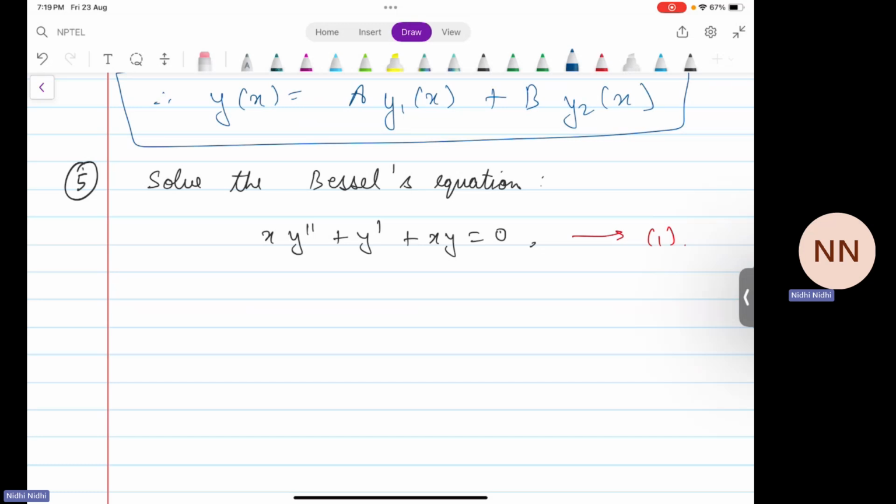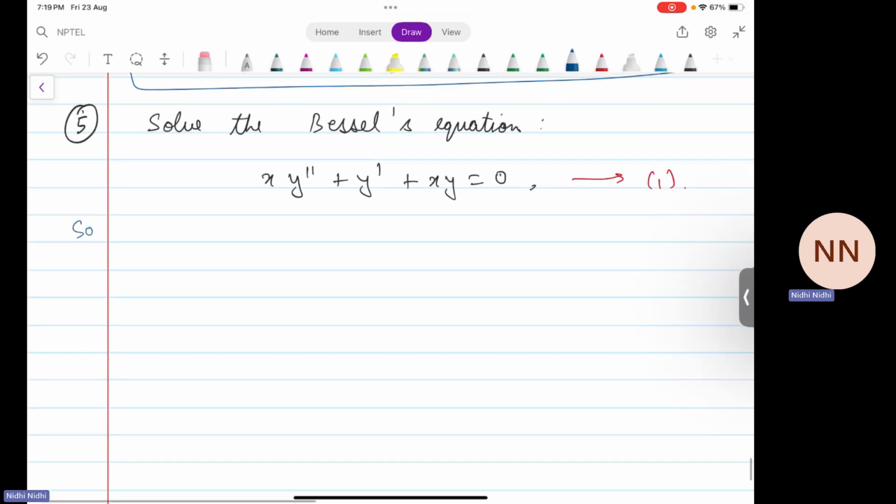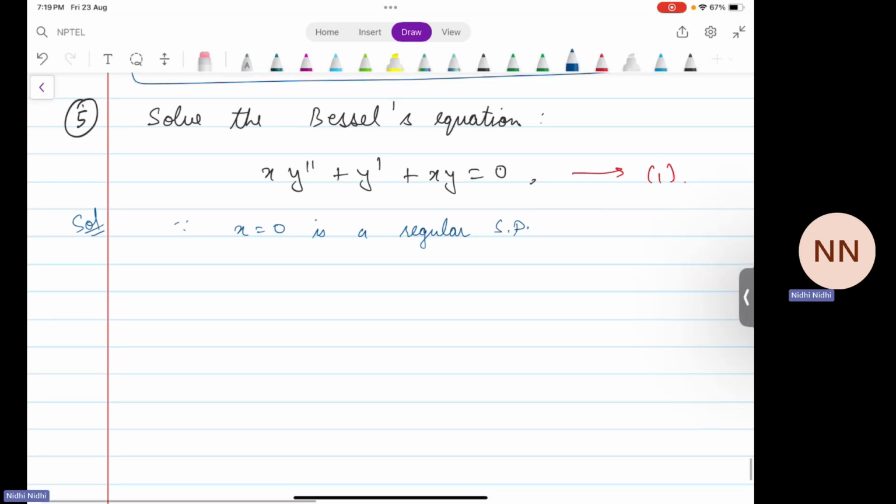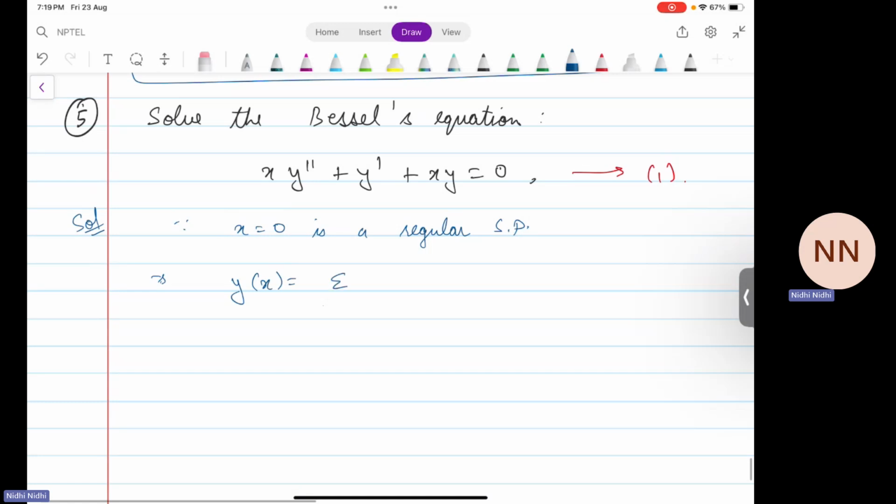Clearly, x equals to 0 is a regular singular point. This implies we have a solution of the form y(x) is equal to summation n from 0 to infinity Cn x to the power n plus r, where C naught is non-zero.